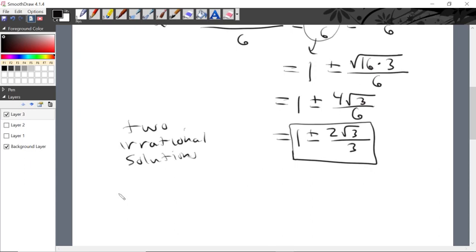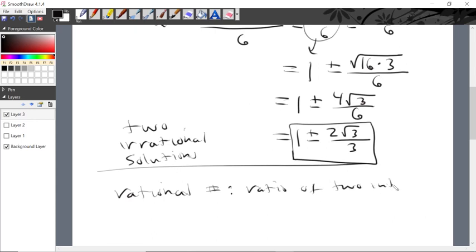But they're irrational. What is irrational? Remember, we talked about what a rational expression was briefly earlier. A rational number is the ratio of 2 integers. And integers are the numbers like 0, plus or minus 1, plus or minus 2, plus or minus 3. The only exception to this rational number definition is that the denominator in the ratio can't be 0.